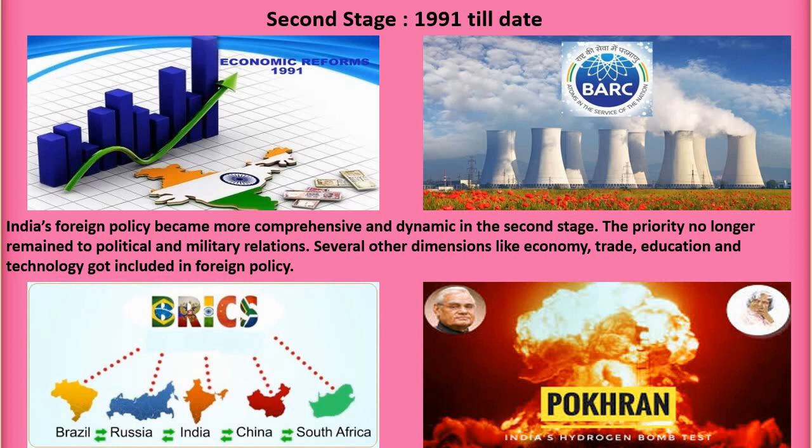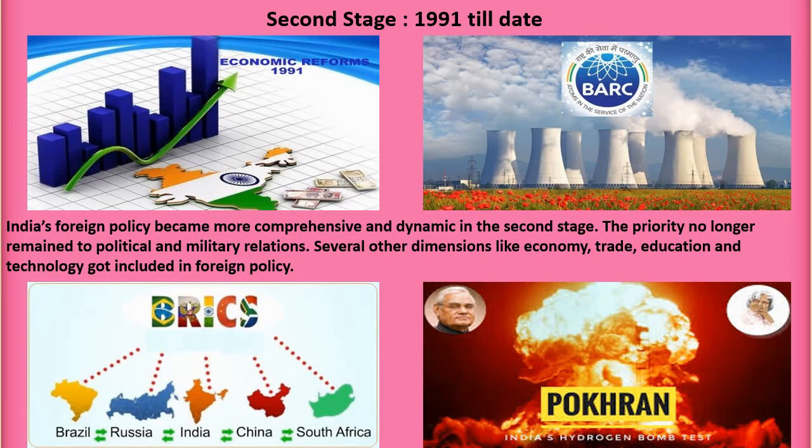India began to participate in the organizations at the international and regional levels more than before. For example, G20, BRICS, these organizations.